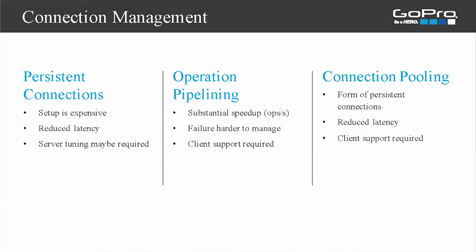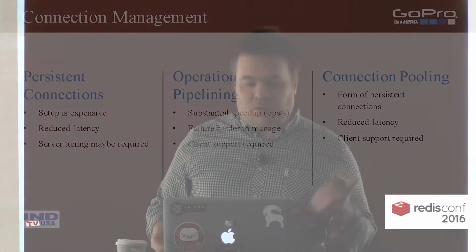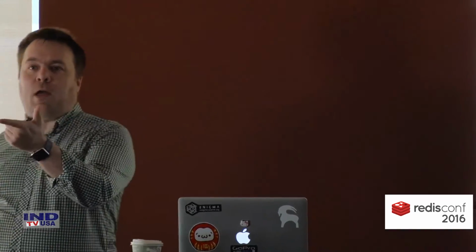So connection management, what are the things we can do here? Well, again, basically three. There's persistent connections, operation pipelining, and connection pooling. TWEM proxy folk, how many of you do operation pipelining through TWEM proxy? Anyone?